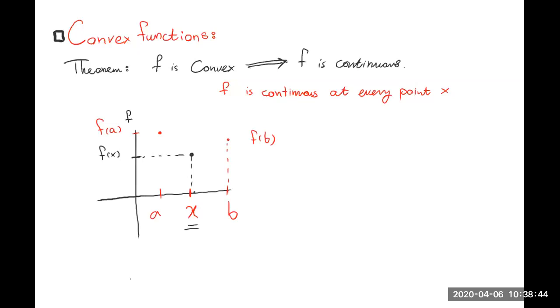If I connect f of a to the point above x, I would get a line. I know the graph of the function should be below that line. The graph of the function should be somewhere here. It is not possible for the graph of the function to be here.